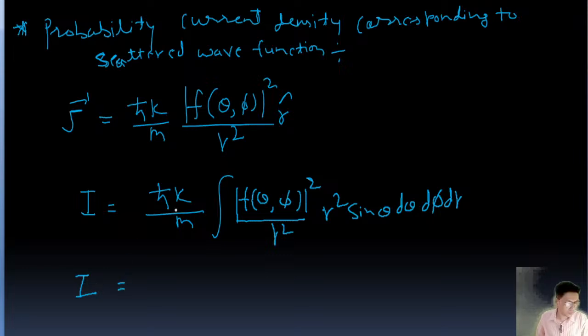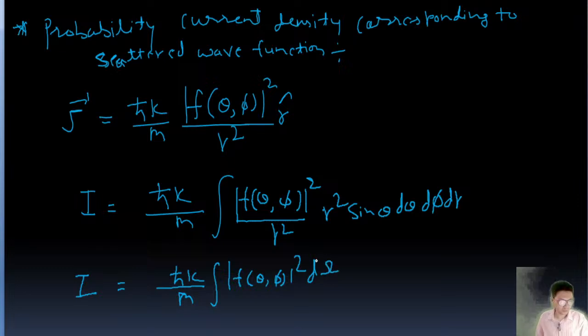So I is going to be h cut k upon m integration of mod square of f, which is a function of theta phi, d omega. This one.